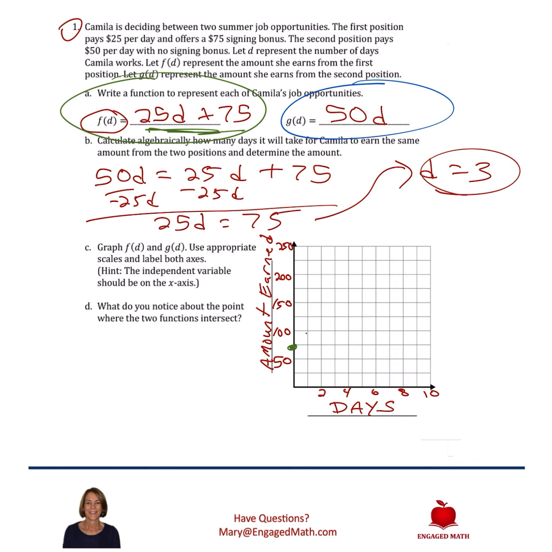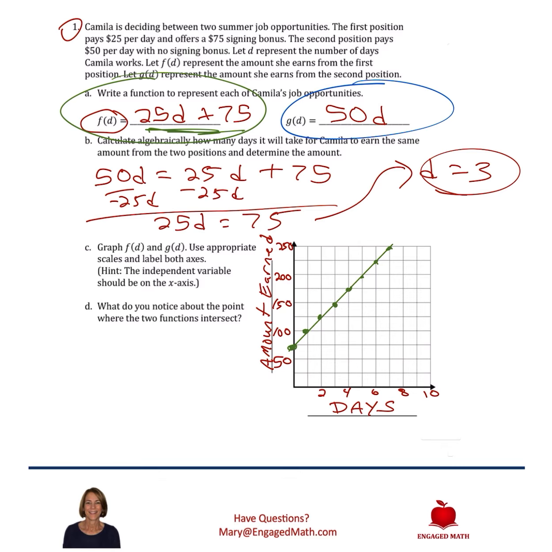So it looks like every time a day goes by, the amount she earns goes up by $25. So I'm going to continue going up 1 day at a time and $25 each time. So every time a day goes by, her amount goes up, and we have all of these points, and I'm going to draw that as a line now.